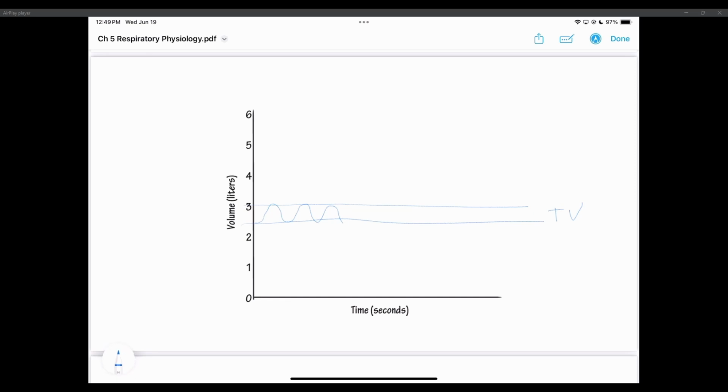Now, I'm going to tell you, do a normal breath. Now I want you to breathe in as much as you can, all the way in, so you can't breathe in anymore. And then we'll come back down to our normal tidal volume again.